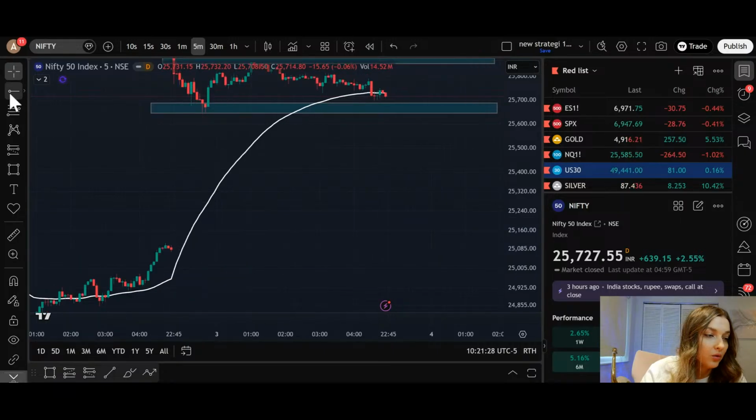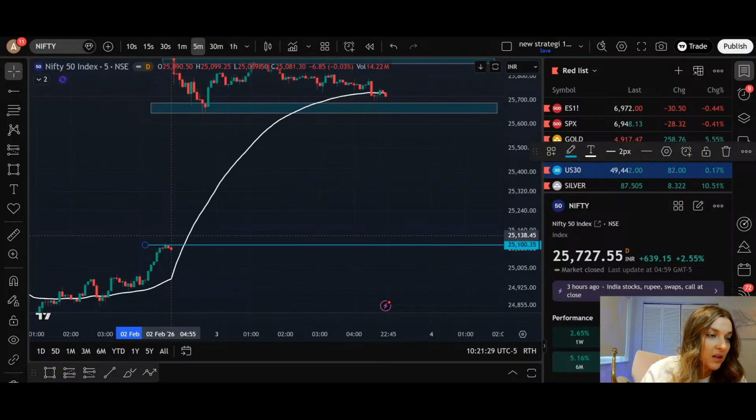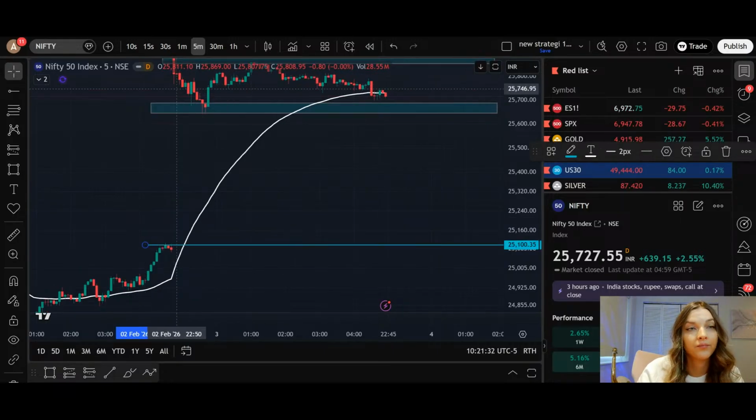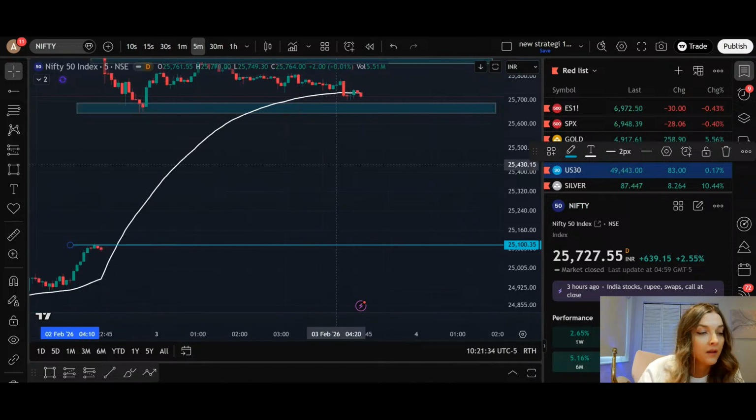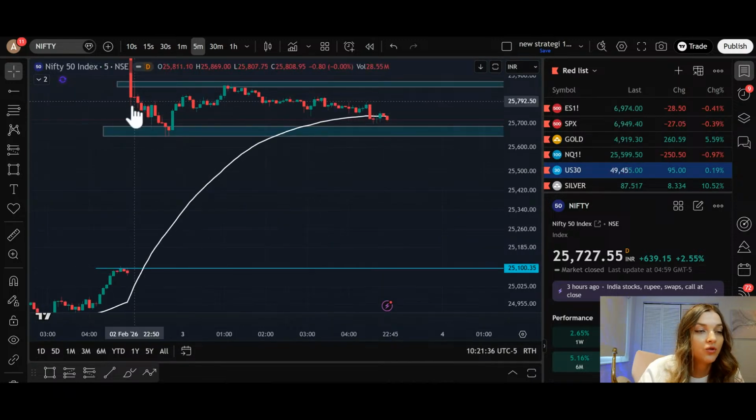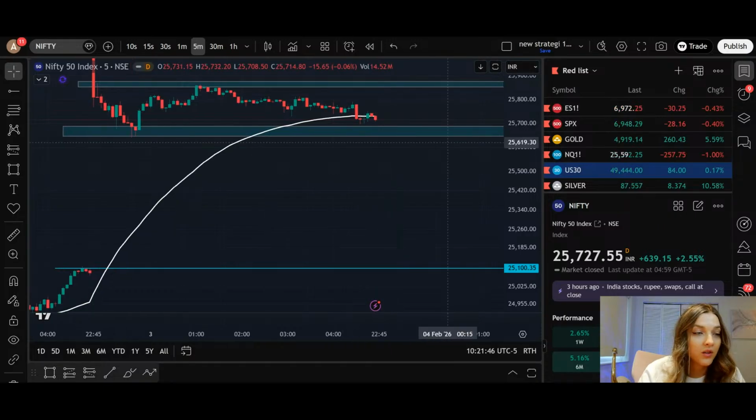I think usually when it's a big gap like this, people want to fill it back in, right? So it will probably fill down. So if you take a short, wait for this area to break. If you are conservative like me, you can wait for a retest and then go on a short.